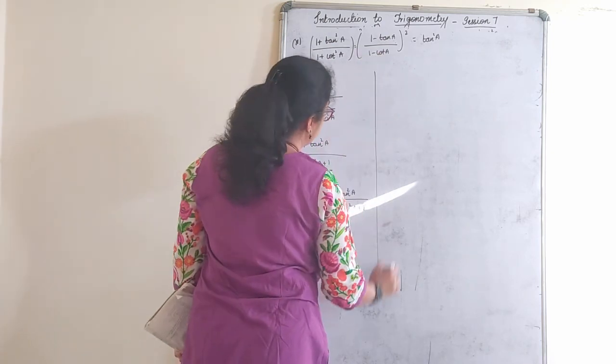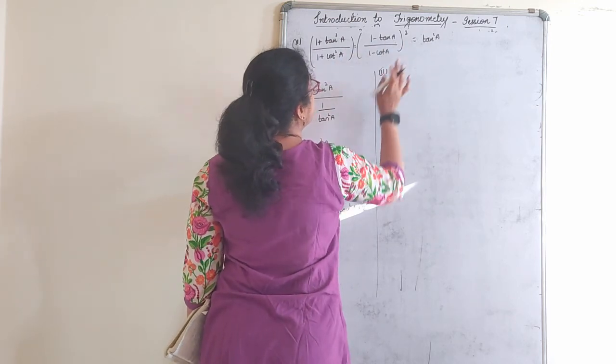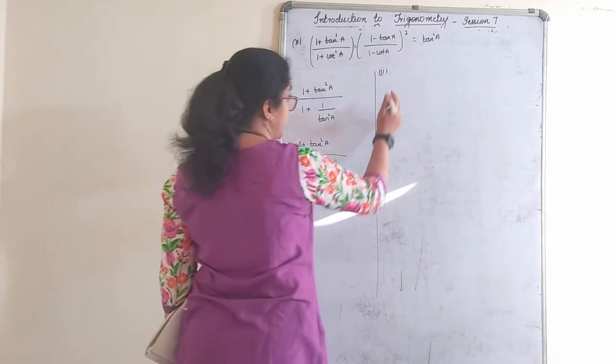Okay. The second part we will solve. 1 minus tan A whole square upon 1 minus cot A whole square.